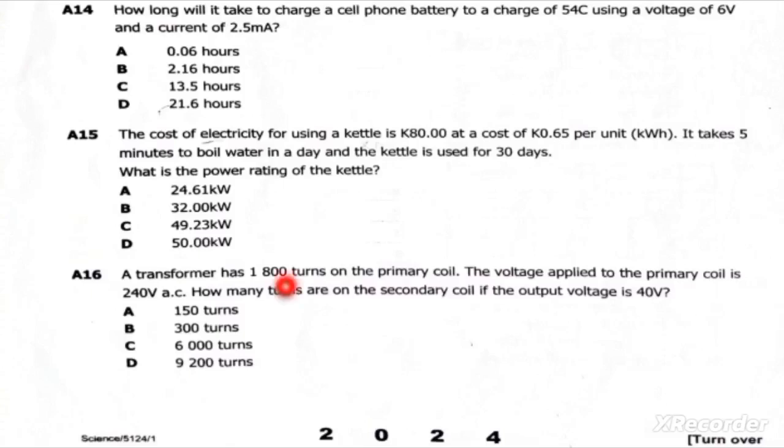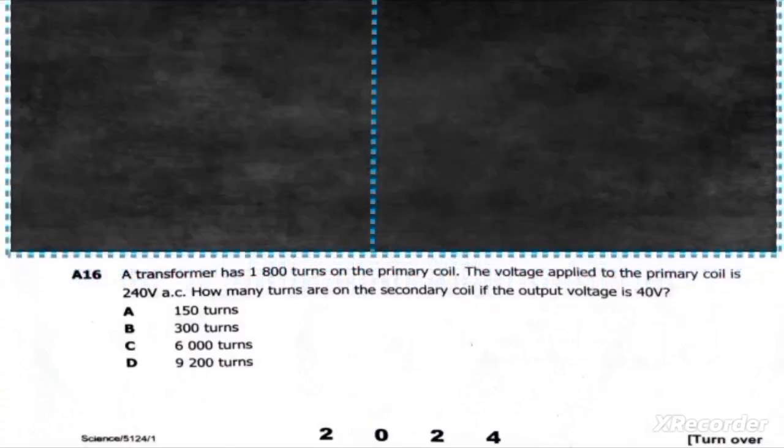How many turns are on the secondary coil if the output voltage is 40 volts? A 150 turns, B 300 turns, C 6,000 turns, D 9,200 turns. So to answer this question, let us come up with data.